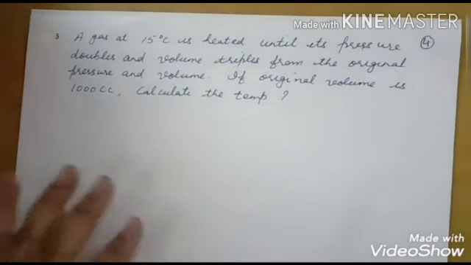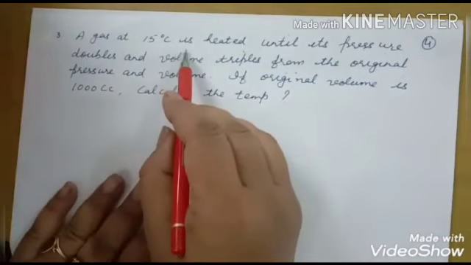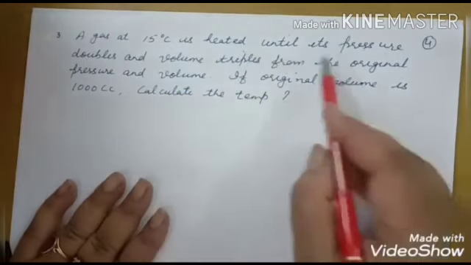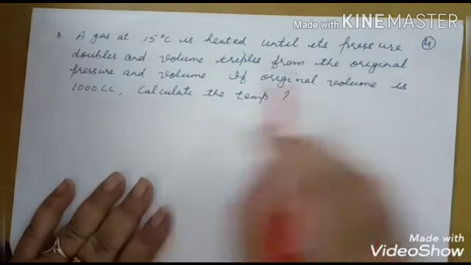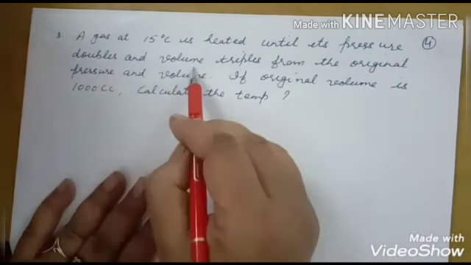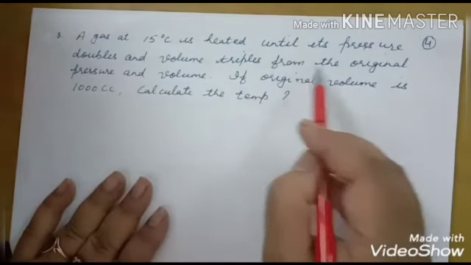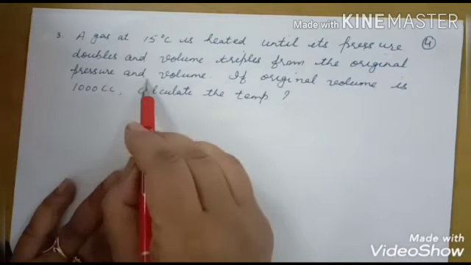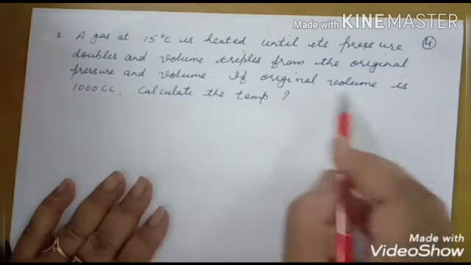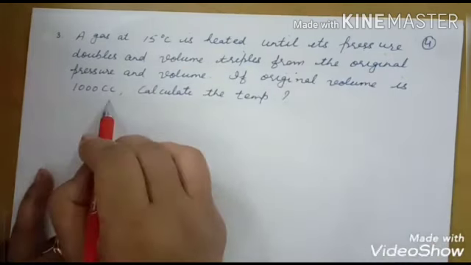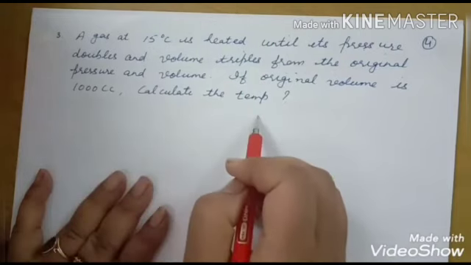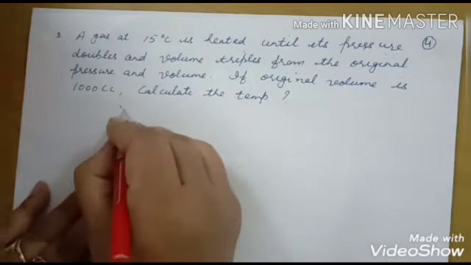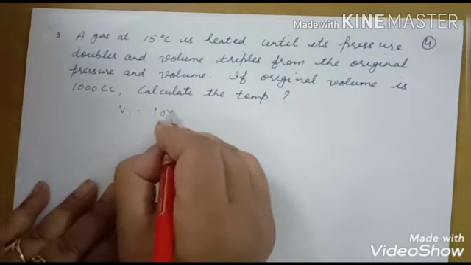The next numerical is: a gas at 15 degrees Celsius is heated until its pressure doubles and volume triples from the original pressure and volume. Now if the original volume is 1000 cc, calculate the temperature. So V1 is 1000 cc.